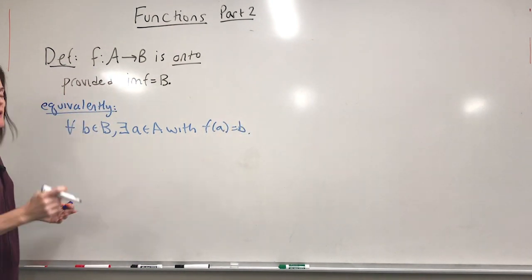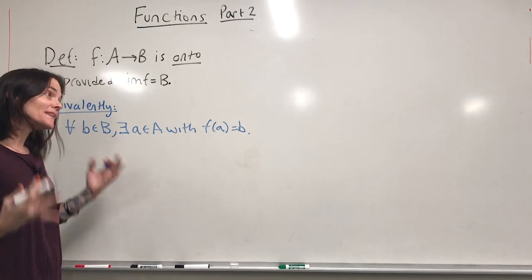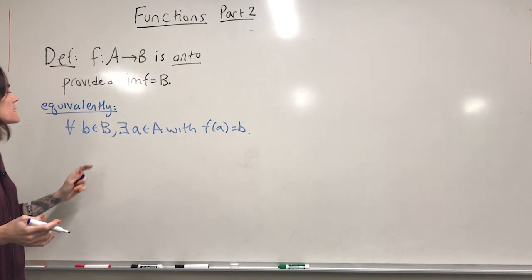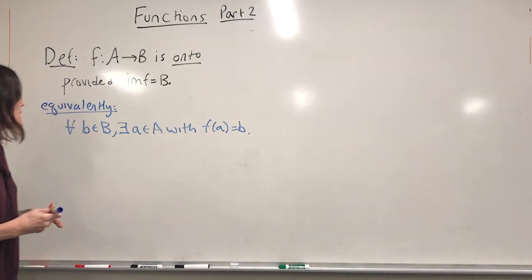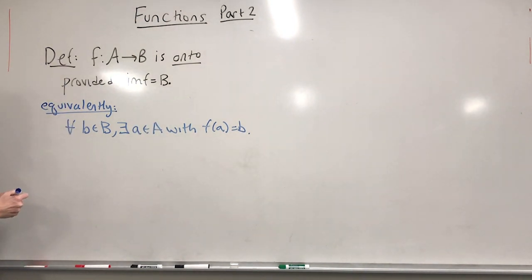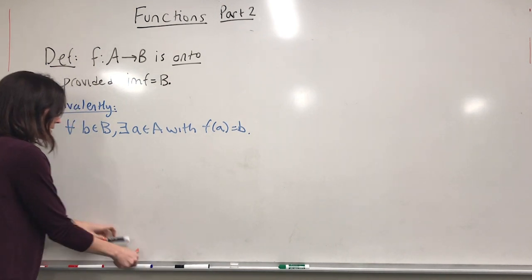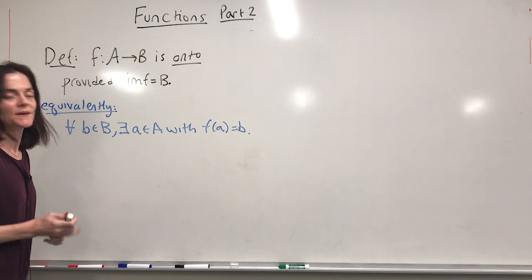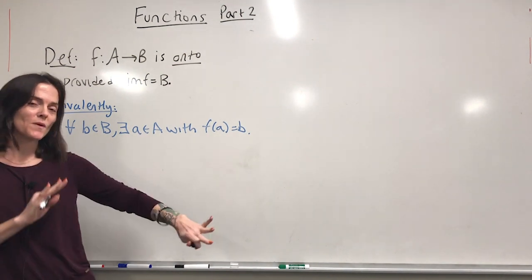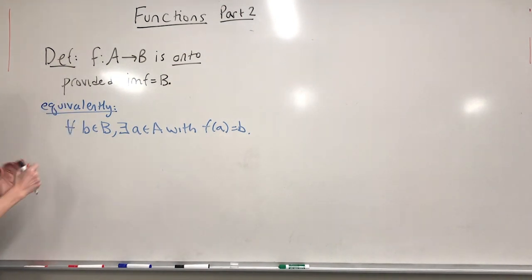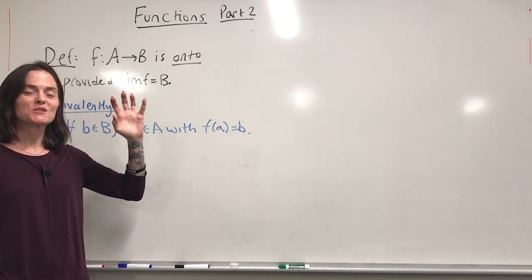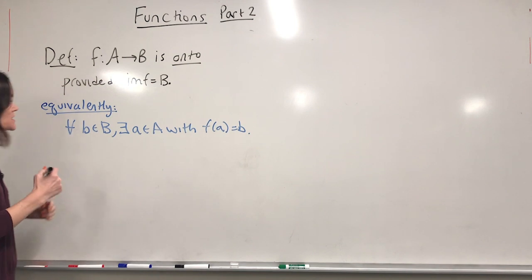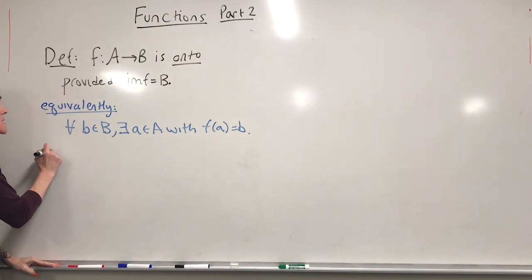This says that the set of all second coordinates in the relation fills out all of B. So there is some a such that a relates to b, for any b. Okay, so maybe before I do anything else, let's talk about what it means to be not onto, and then we will look at the concept of both one-to-one and onto for certain functions. Or maybe I'll go back and do some of the functions that we decided whether or not they were one-to-one, and we will figure out if they're onto. Okay, so to be not onto.